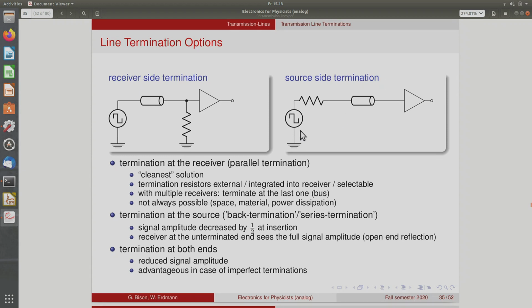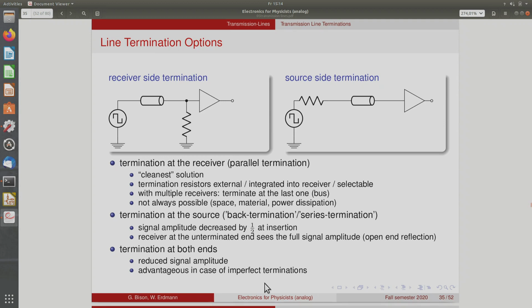The only problem, if it is one, is that the signal now travels along the transmission line, comes back, and is absorbed only when it comes back by this termination resistor. Okay, so that's perfectly fine if you only have one sender and one receiver. You can do it like this. What many people do, however, is also to terminate at both ends.